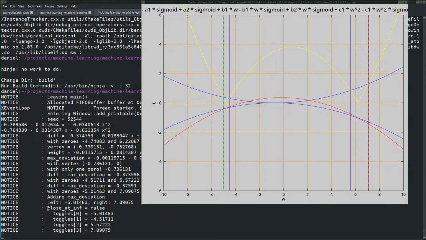And that output says, is it close at infinity? No, because at infinity the difference is way larger than that. So here is the bad area. And then we toggle at this point because now they are close. And we toggle again, so now the difference is too large again. And then we toggle again, the difference becomes less, and then we toggle again, and now the difference is again too large.